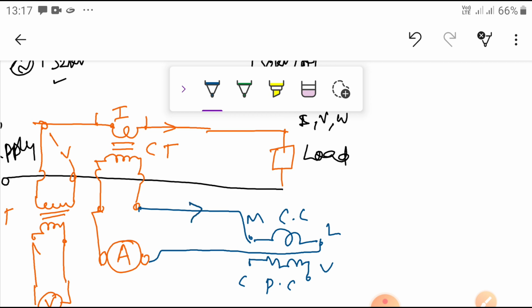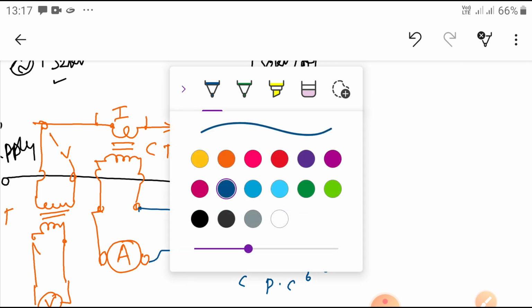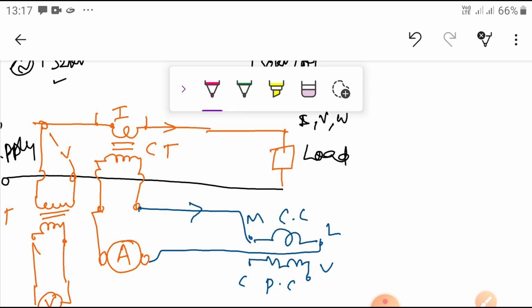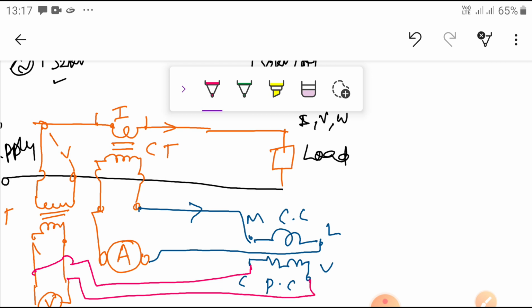The series current is flowing through this. Now the PC, here you take the other terminal. The PC is connected here and here, that means it is connected across, while the CC is connected in series.